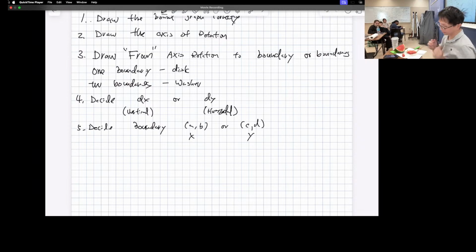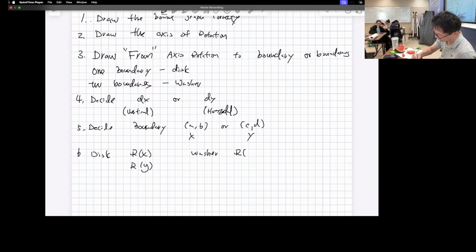That's what we'll take the integral over. Step 6. Depending on whether it's a washer or a disk: if it's a disk, then you have to figure out what r of x is, or r of y. If it's a washer, then you have to decide what the two radii are, R of x and r of x, or R of y and r of y. Those are two different terms.